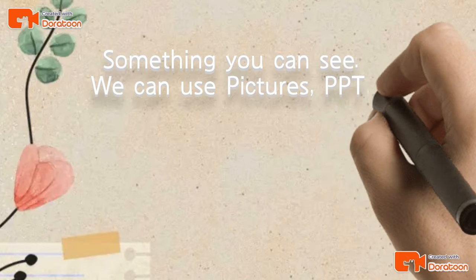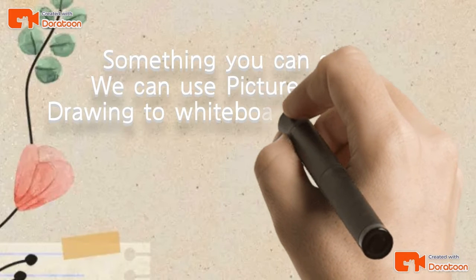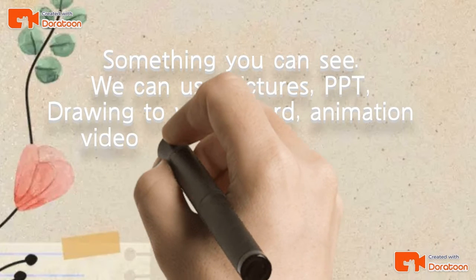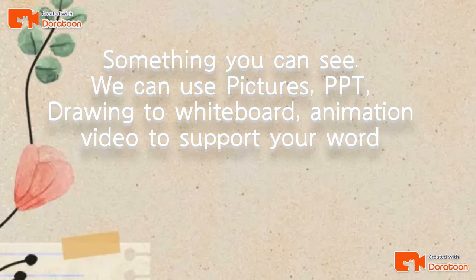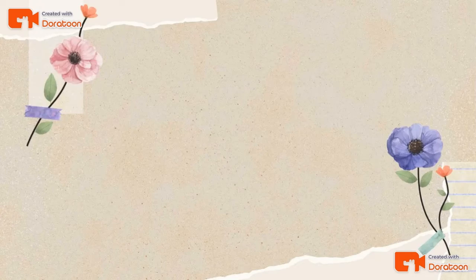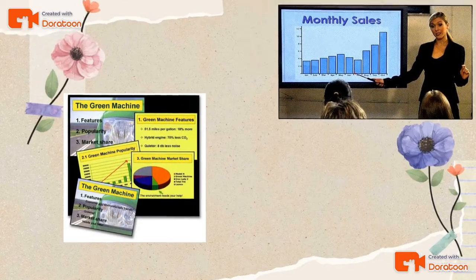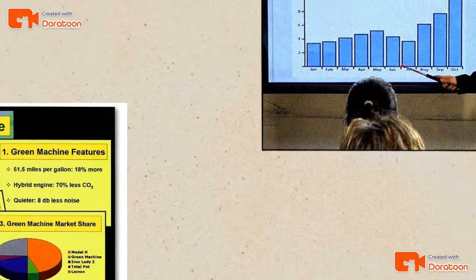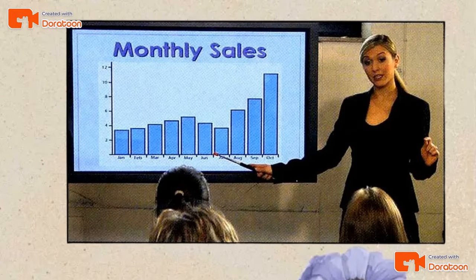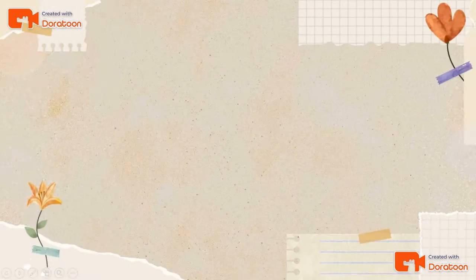We can use pictures, PowerPoint, drawing on a whiteboard, animation, or video to support your words. And you can see the picture. The first is effective visual, the image we show the audience, and second, explaining visual, the words we use to guide the audience through the visual.